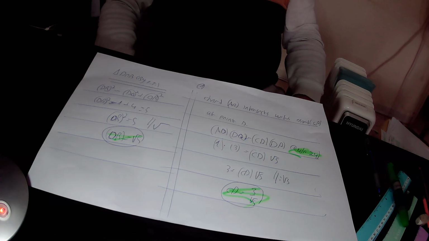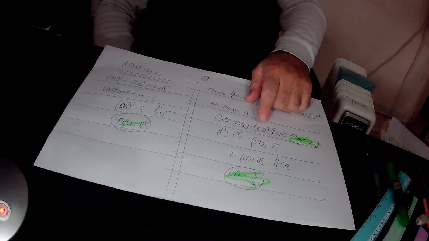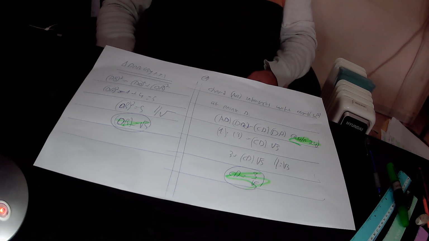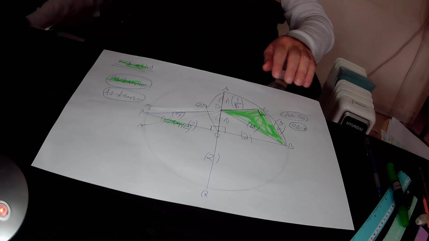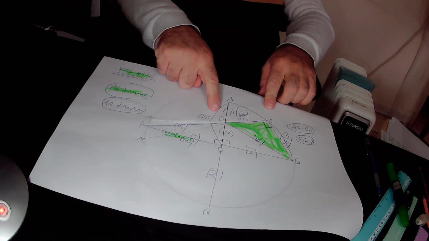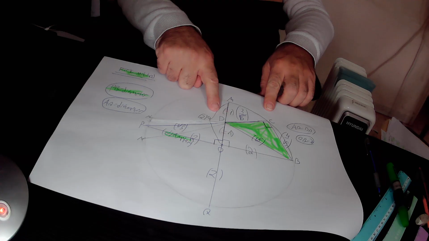Here we divide this equation by root 5, and find that the missing side CD equals 3 over square root of 5 units in length.